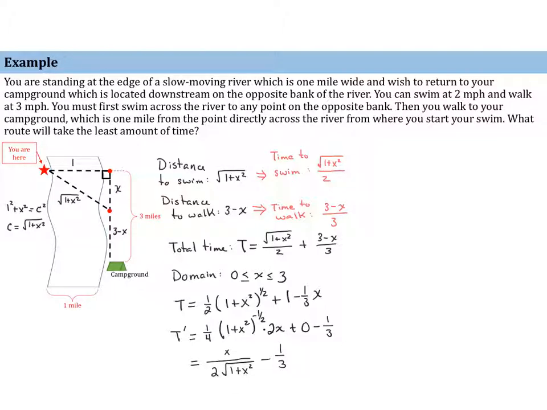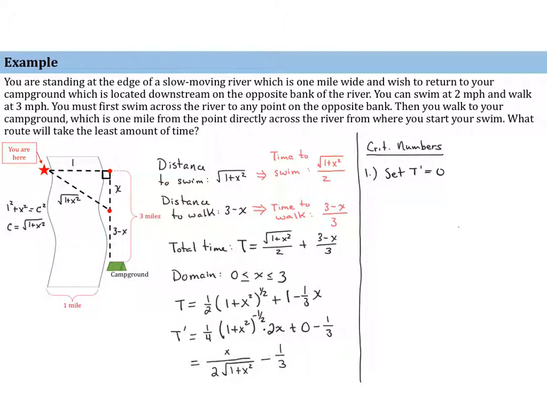Now we'll go ahead and find our critical numbers. Our critical numbers can be found, of course, by taking the derivative and setting it equal to 0, and then also looking at any values for which t prime isn't defined.